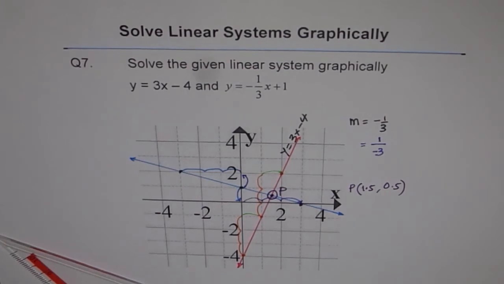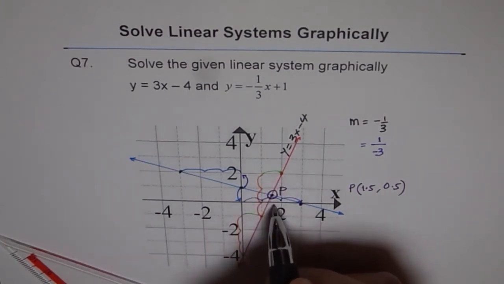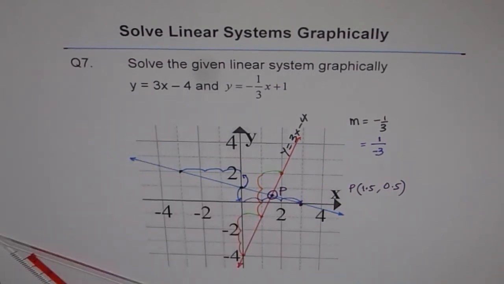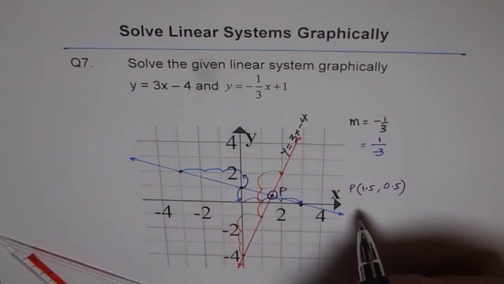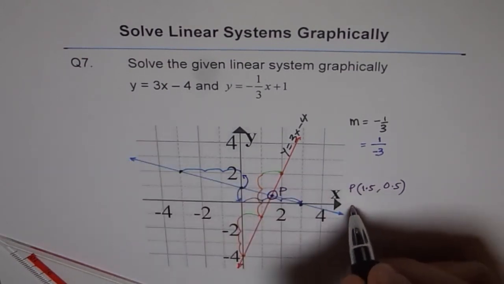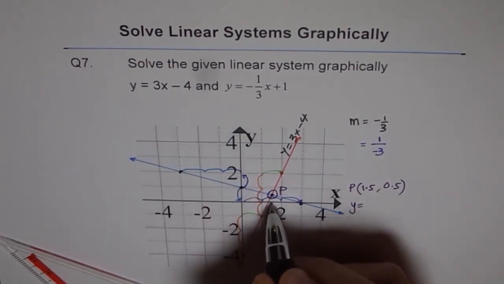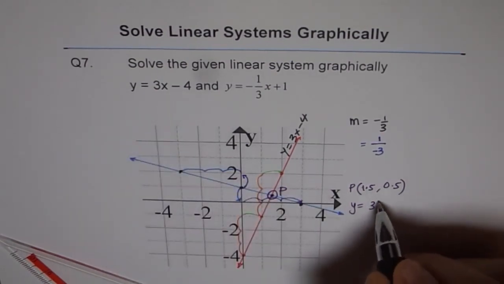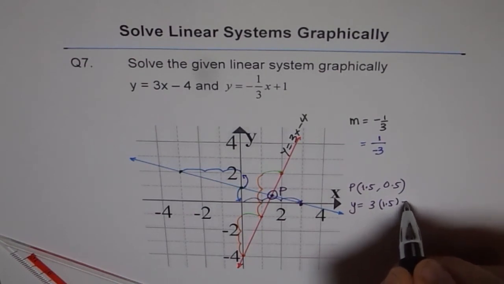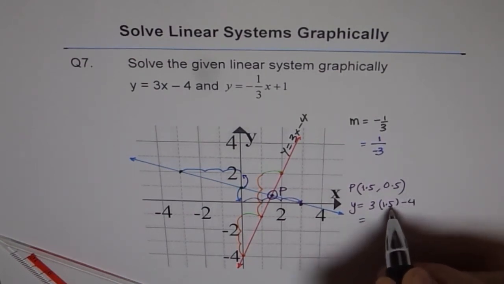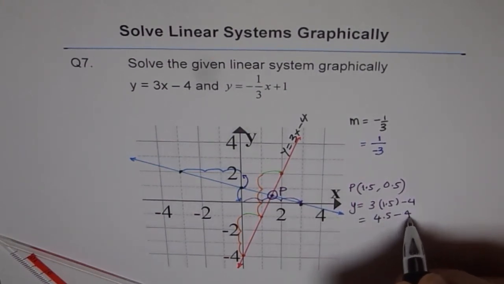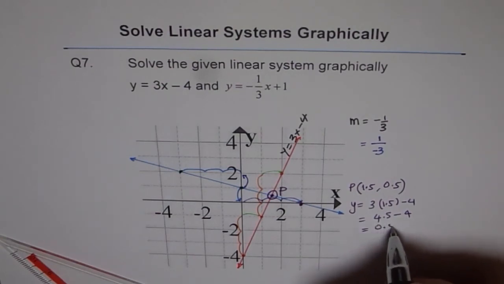Well, sometimes what you can do is, if you have the x value 1.5, you can plug the x value in here and get the y from the equation. Let's try that also. So y equals, we are assuming this x to be 1.5, so 3 times 1.5 minus 4. 3 times 1.5 is 4.5, and minus 4, and we do get 0.5.